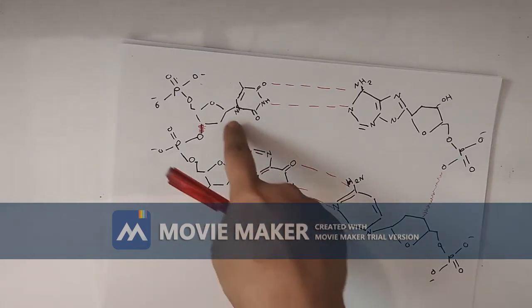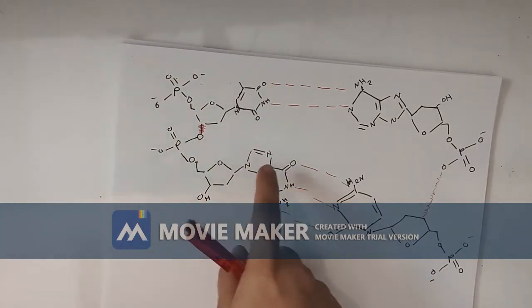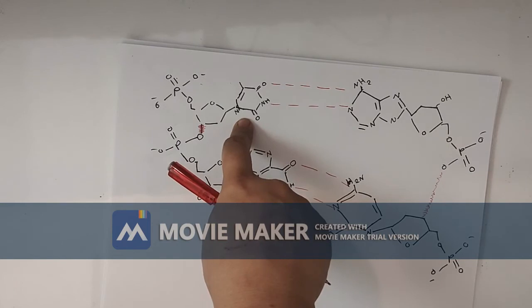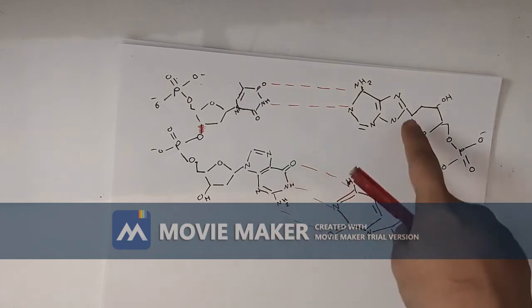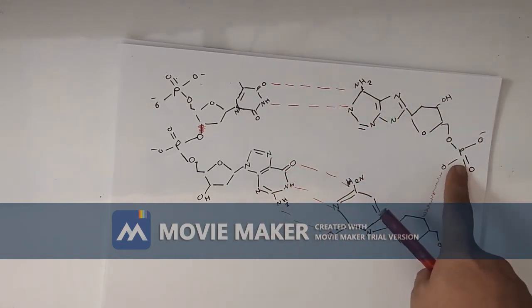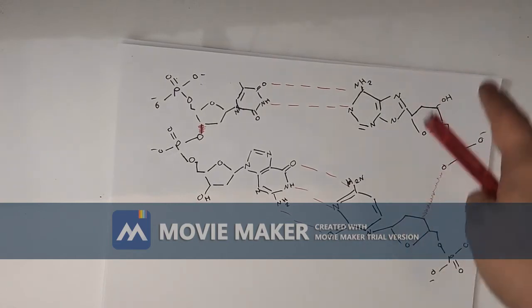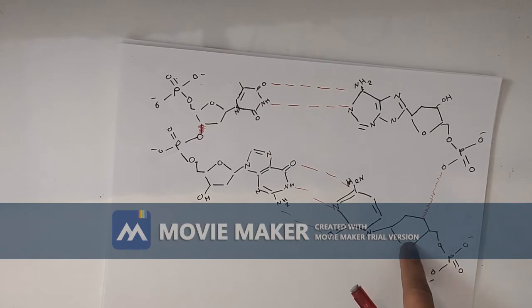And these are the bases. This is the phosphate group, and here, for example, we have thymine, and here guanine. Another thing you have to pay attention to is that these are two nucleotides from another strand, and this phosphate group is connected to the sugar group by this phosphodiester bond again.